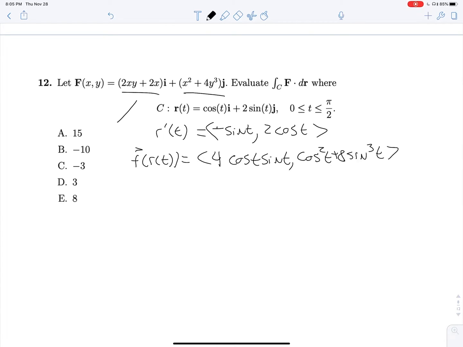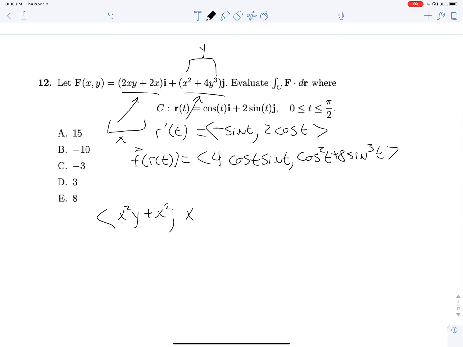And the way I kind of do this is take some antiderivatives here. Here we're going to do it with respect to x. Here we're going to do it with respect to y. So up here we are going to get x squared y, comma, plus x squared.